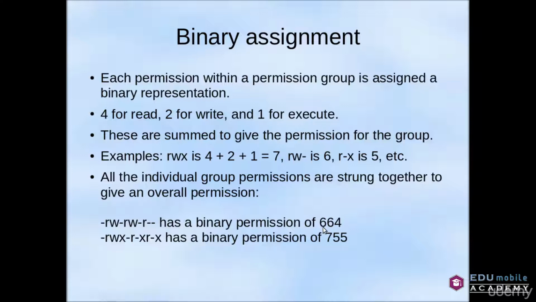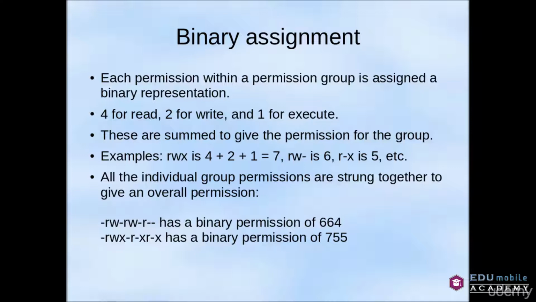That would be 644. So once you get used to using this type of permission and thinking about the binary assignment of the RWX, the mapping to these bits and adding the bits up, then this becomes a much easier way to assign permissions.